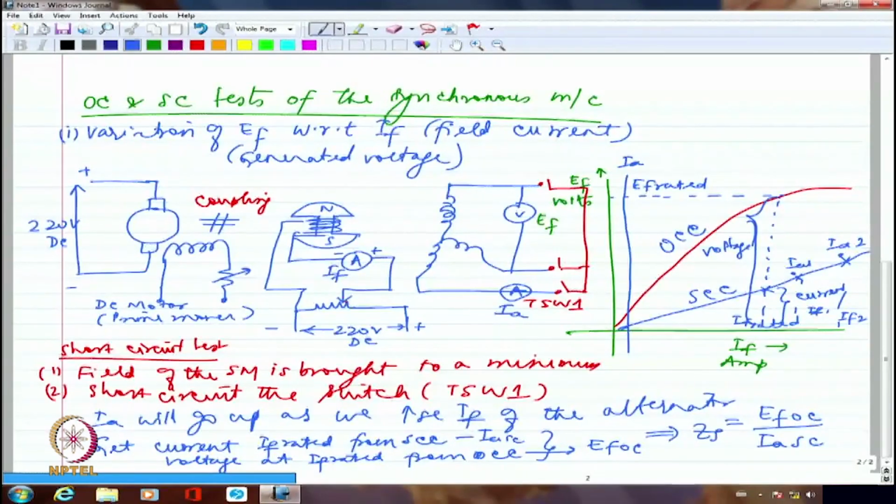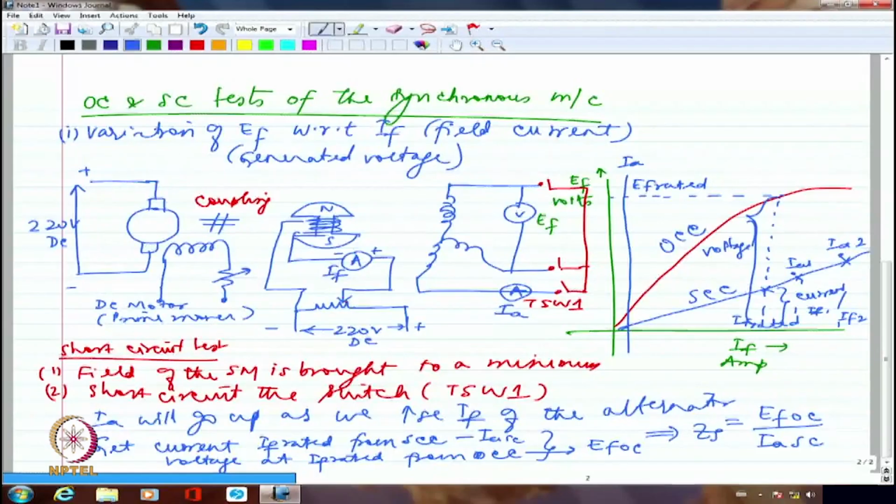So synchronous impedance is going to be the ratio of the voltage generated under open circuit condition with rated IF to the current obtained under short circuit condition at rated IF. The ratio of these two will give me the value of synchronous impedance.